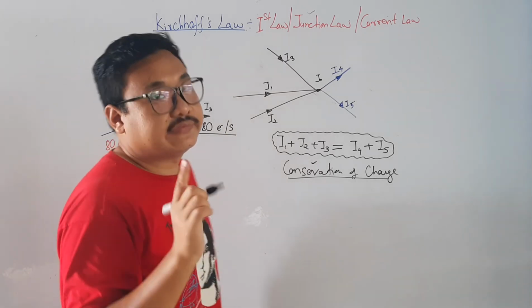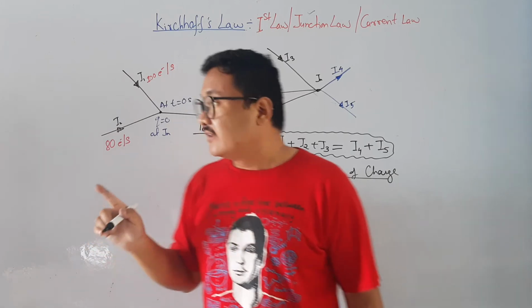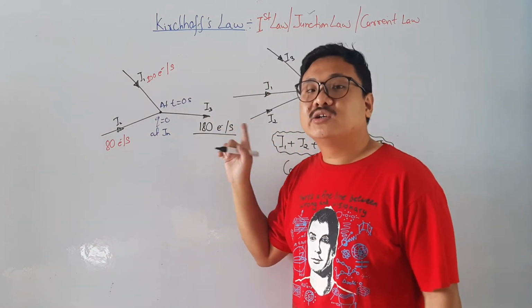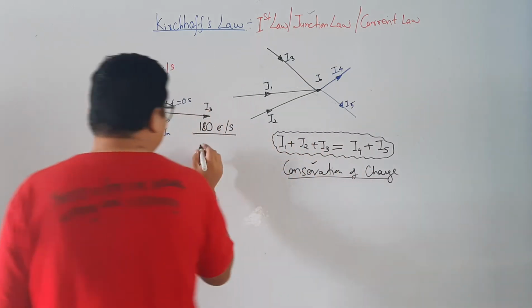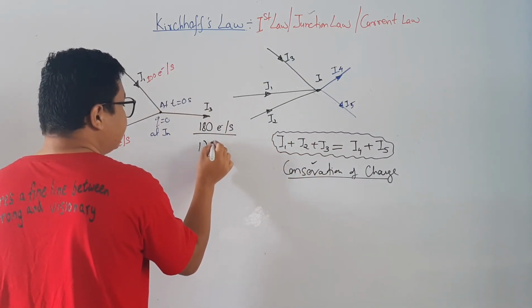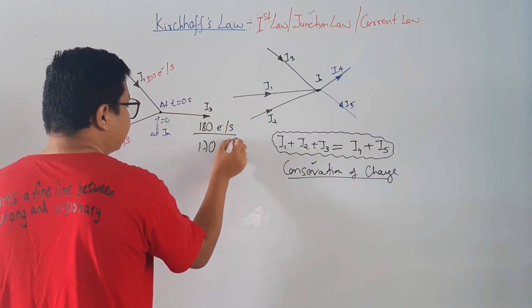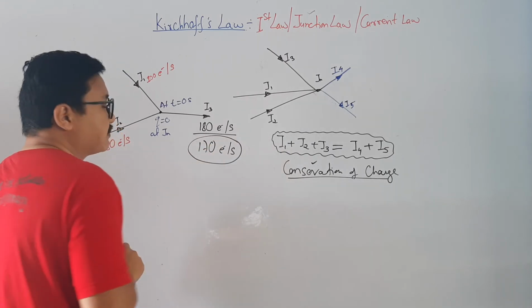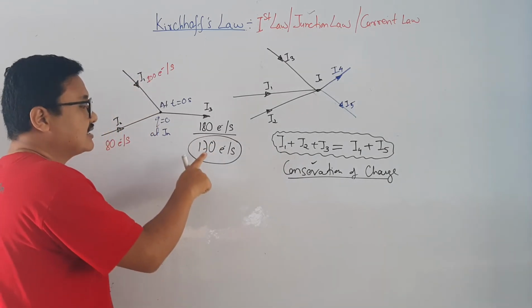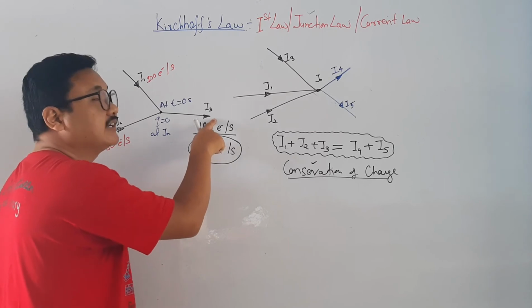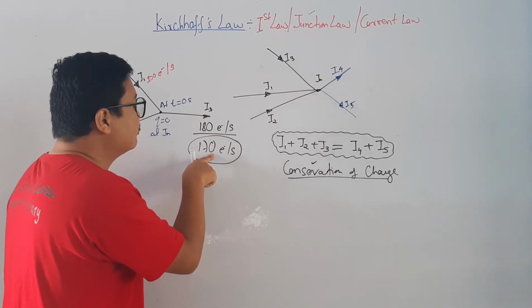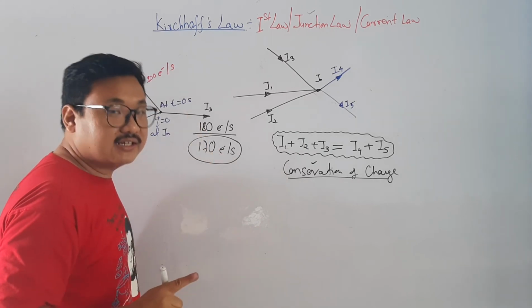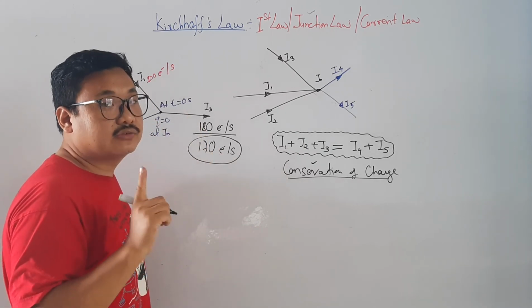Now, if here I don't get 180 electrons, if I get 170 electrons per second, what will happen? Tell me. In 1 second I should get 180 electrons, but if I am getting 170 electrons per second, what does it mean?